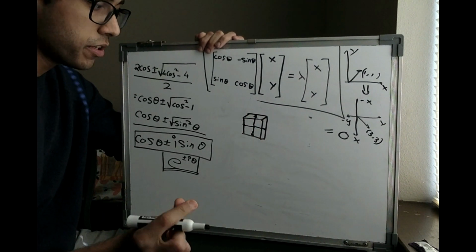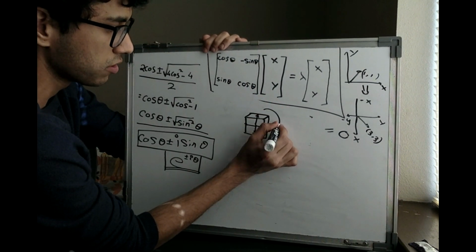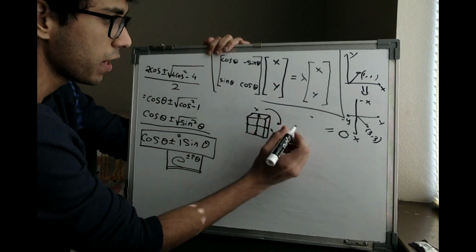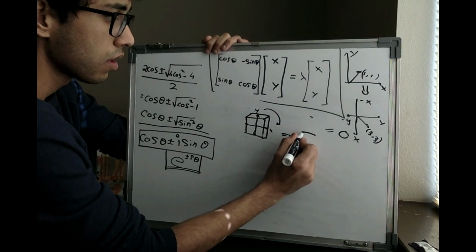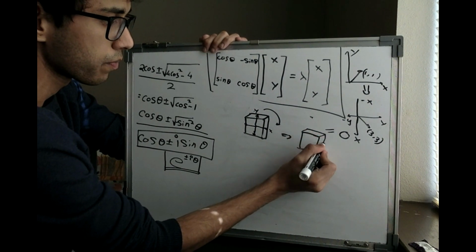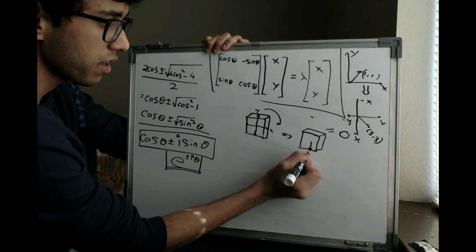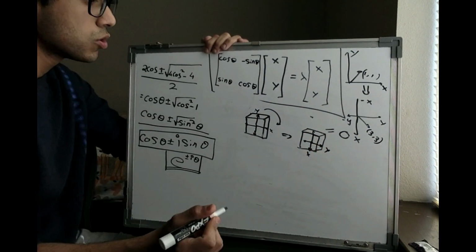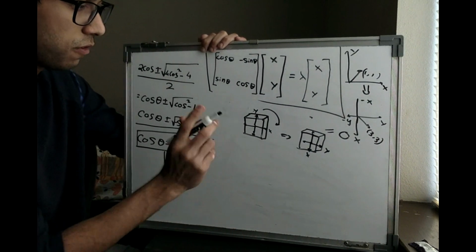So what I'm trying to do here, with pure rotation, I'm just rotating this cube somewhere else, such that if this is x and y, then after rotation, I'm going to get the same shape of the cube. But now this is going to be my x, this is going to be my y, and so on. So I have not exactly scaled anything, I have just changed the perception of the view of this cube.